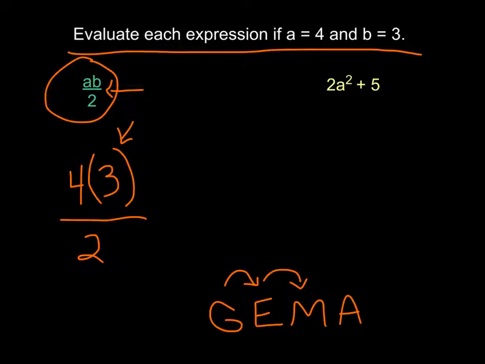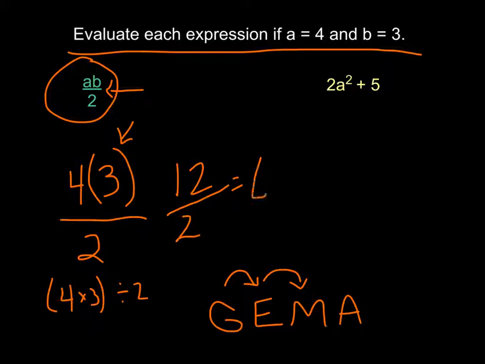It's 4 times 3, and then I'm going to divide it by 2. So left to right means I do this first. That means I have 12 at the top. 4 times 3 is 12. Now I'm dividing that by 2. 12 divided by 2, 2 goes into 12 6 times, and there's no remainder. So 6 would be my answer.